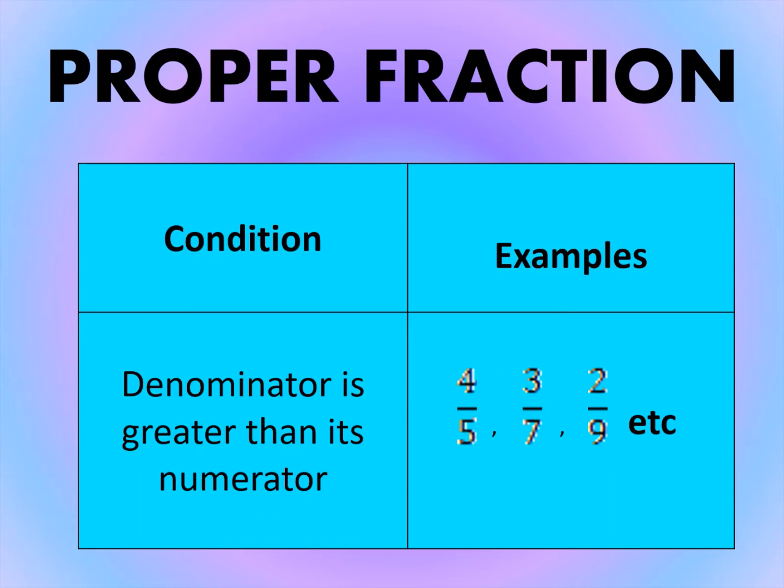The example given here is 4 upon 5. 4 is the numerator and 5 is the denominator. The numerator is less than the denominator. 3 upon 7: 3 is the numerator, which is less than 7, the denominator. Same as 2 upon 9. The numerator is 2 and the denominator is 9. The denominator is greater than its numerator.